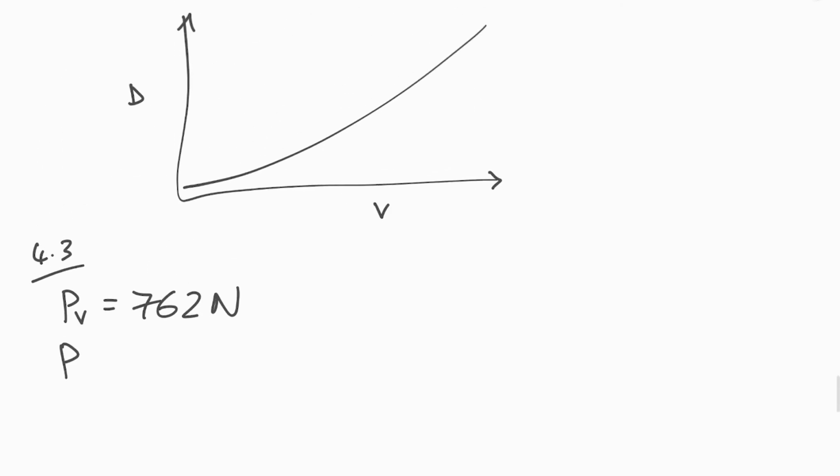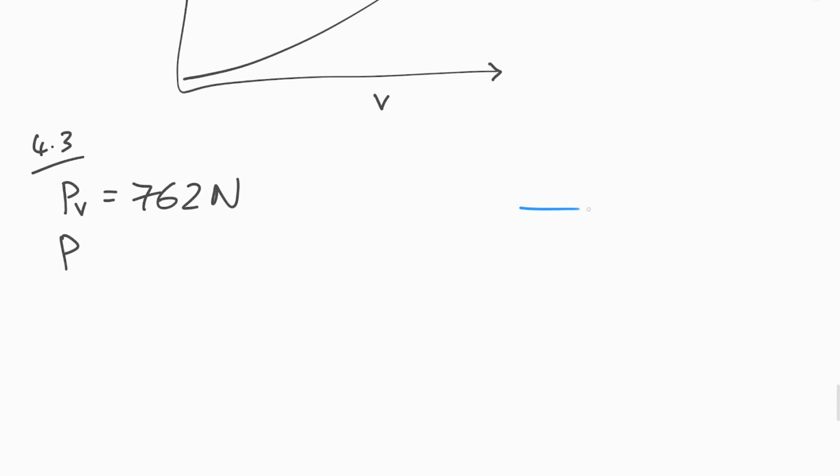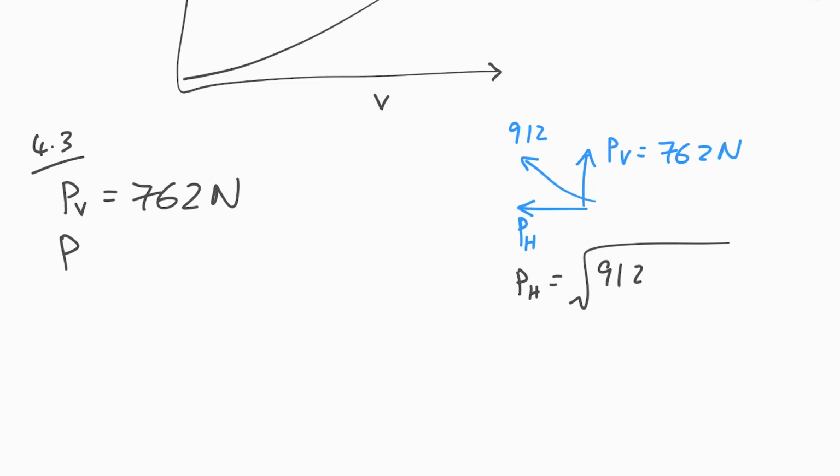Oh, okay. Right. So we have this. Okay, let's do it one step at a time. That's PH and that's PV. That's going to be 762 newtons. The resultant is 912. So therefore we can do reverse Pythagoras to get PH, can't we? So PH is going to be equal to the square root of 912 squared take away 762 squared.